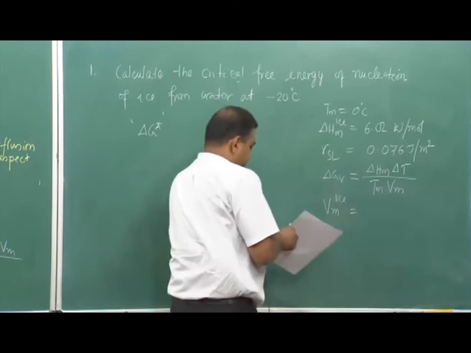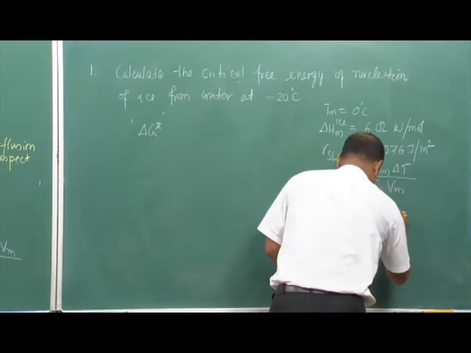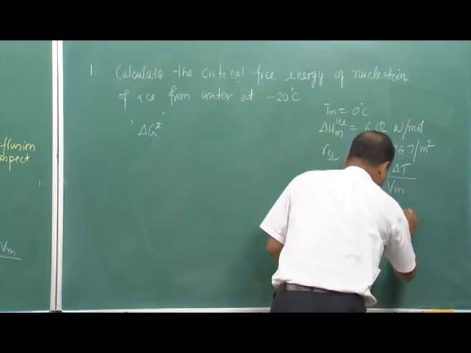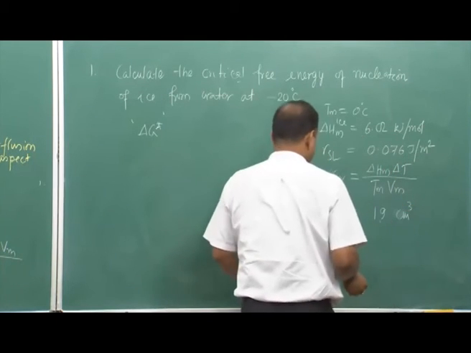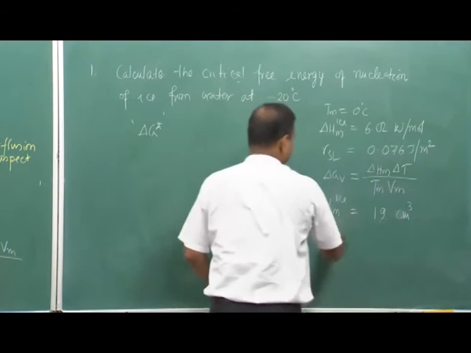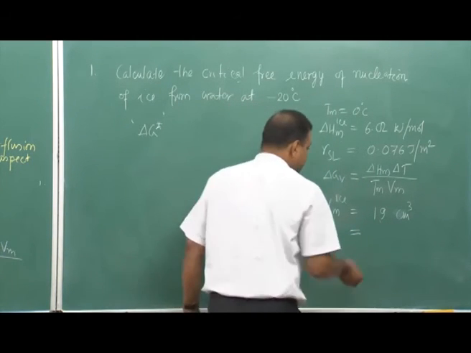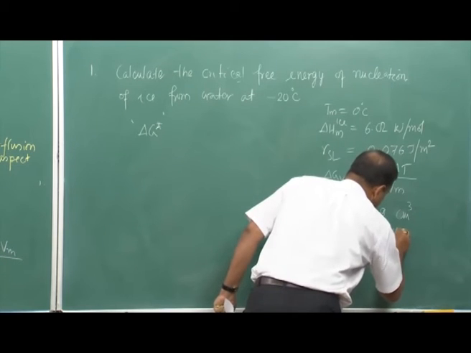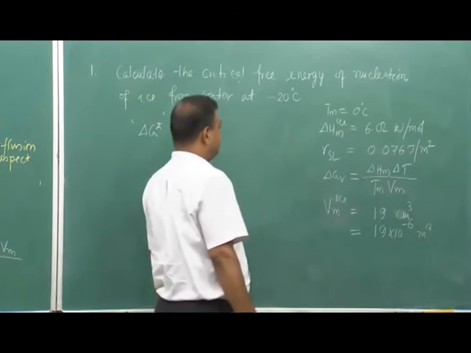So, this Vm is 19 centimeter cube per mole. Now we can convert it into meter cube: 19 into 10 to the power minus 6 meter cube per mole.